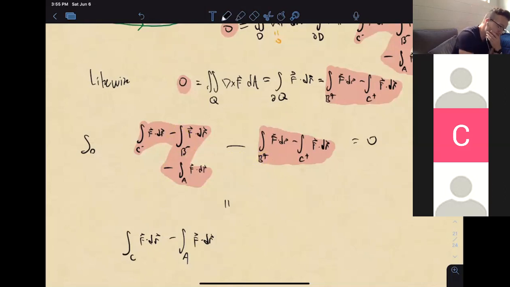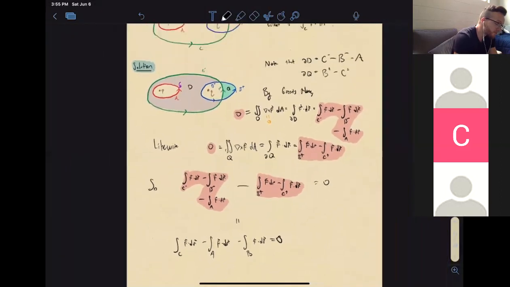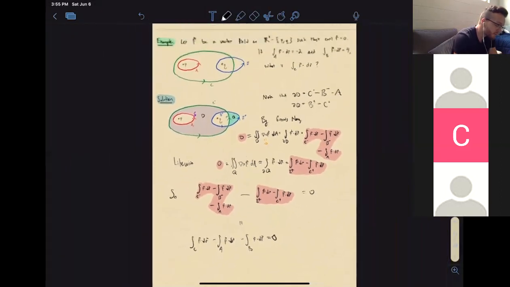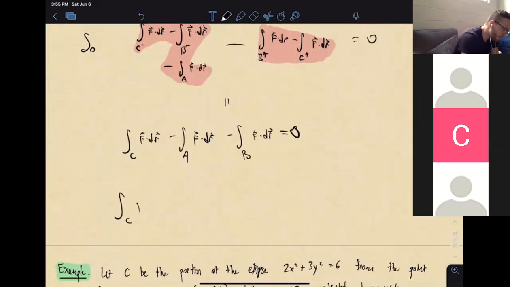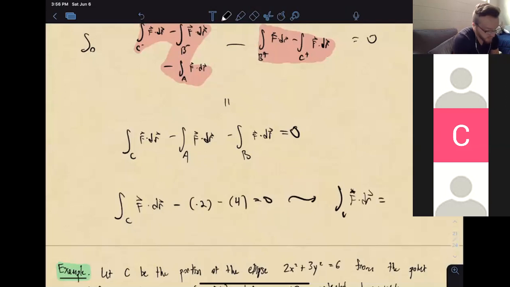That's minus b. And then we're told that the integral over a is negative 2. The integral over b is 4. So we get 4 minus 2, which is 2.